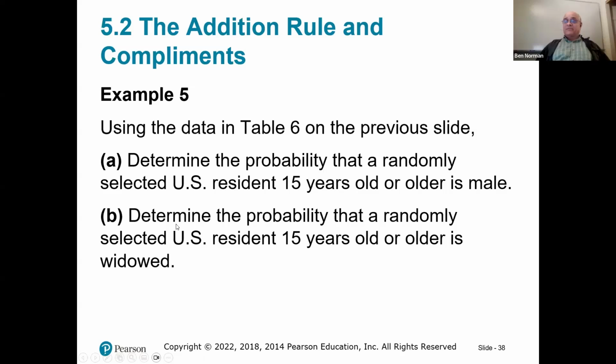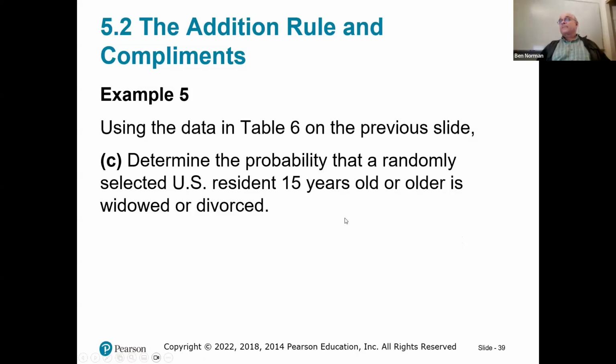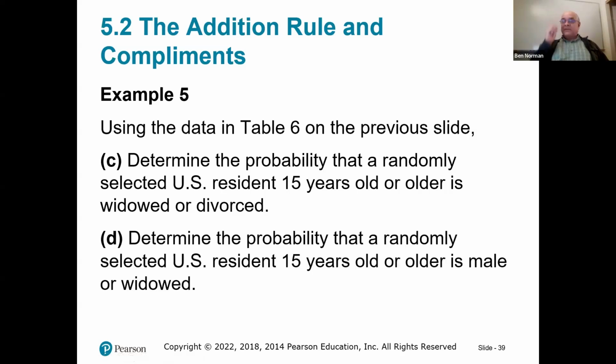B, determine the probability that a randomly selected U.S. resident 15 years or older is widowed. And C, determine the probability that a randomly selected U.S. resident 15 years or older is widowed or divorced. D, determine the probability that a randomly selected U.S. citizen is male or widowed.